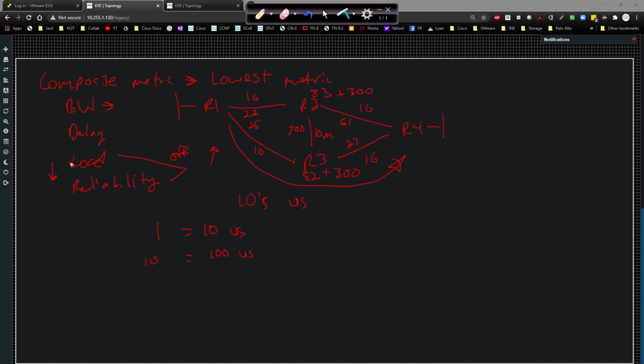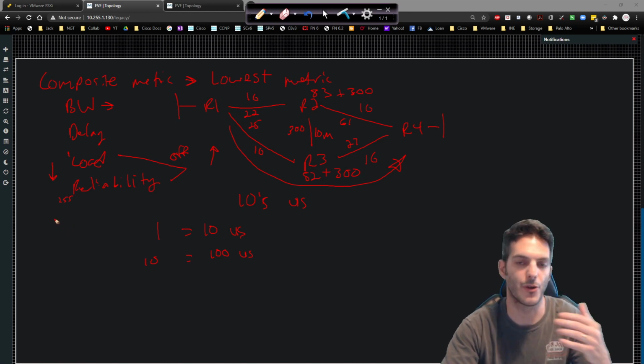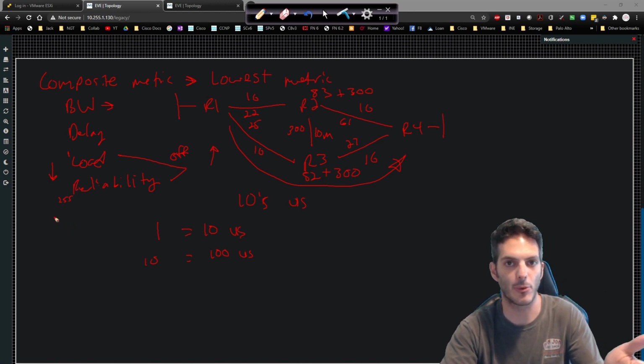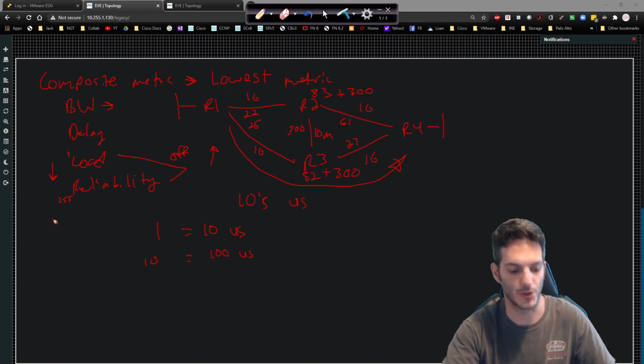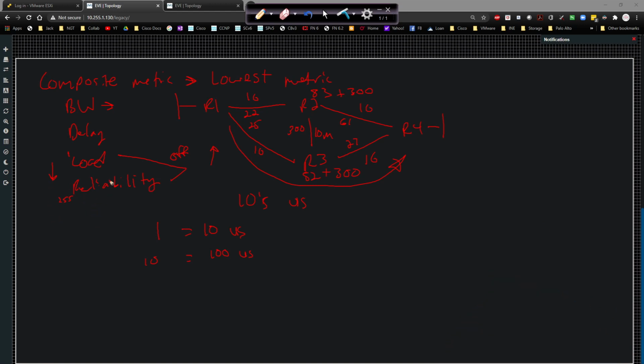Most of the time, you're going to see someone like myself or another instructor give this one a value of 1, so the lowest loading option you can get, and this one's going to be set to 255 to be the highest reliability on a per link basis. This is more specifically for redistribution, when we have to redistribute something into EIGRP, like another routing protocol, a connected route, a static route, so on and so forth. So with those understood, we have to take that into consideration. These 4 attributes are looked at on a per physical link basis.